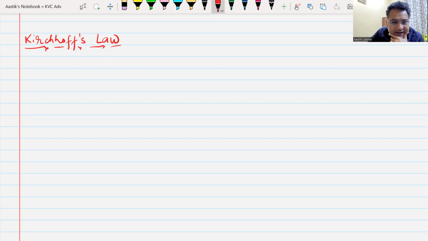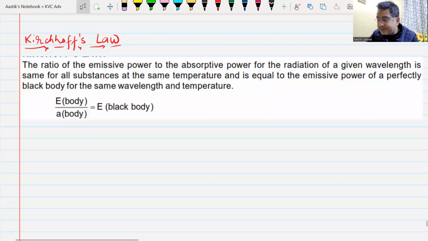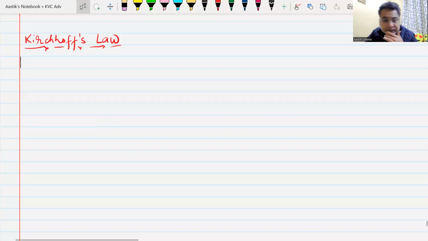It simply says that if you find out the ratio of emissive power to absorptive power of any body, let me not write this definition directly because it's not a ratio, since they are not the same quantity, but it's easier to say it in this way.